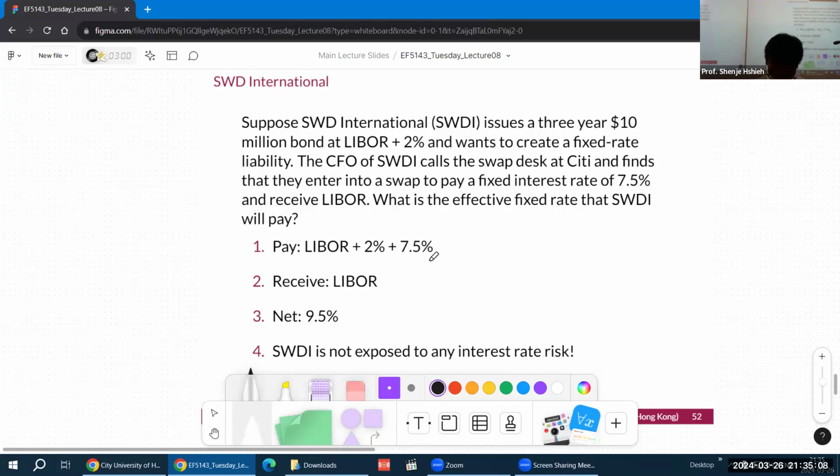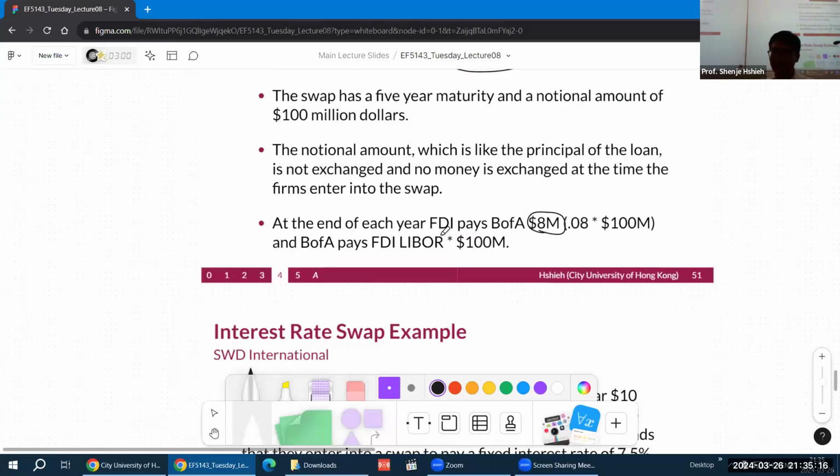I didn't write it here, but for the last year it should be 1.08 times 100 million, and it should be 1 plus LIBOR times 100 million. At the end of each year they exchange these two cash flows, but in the last year they have to exchange the notional amount too.